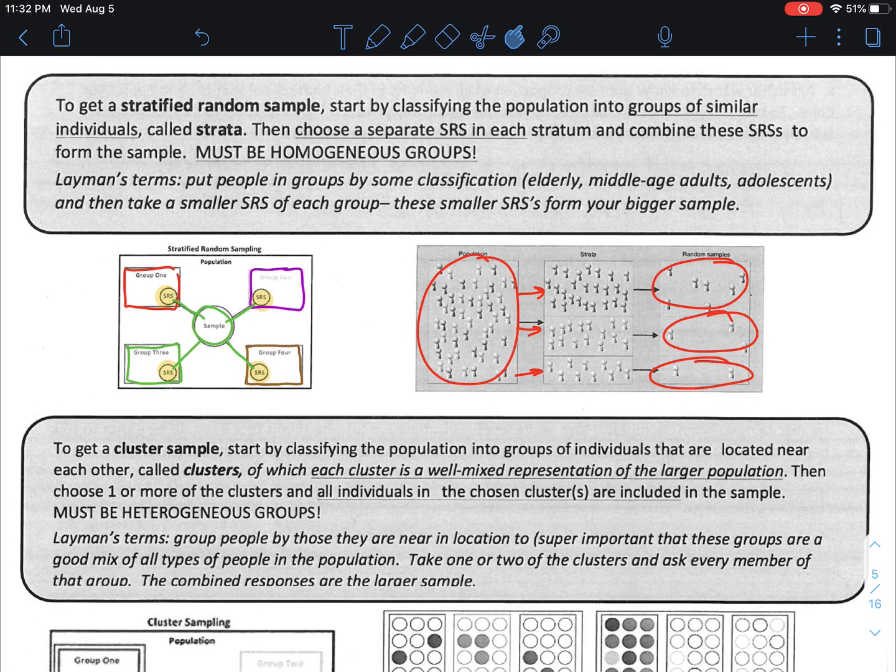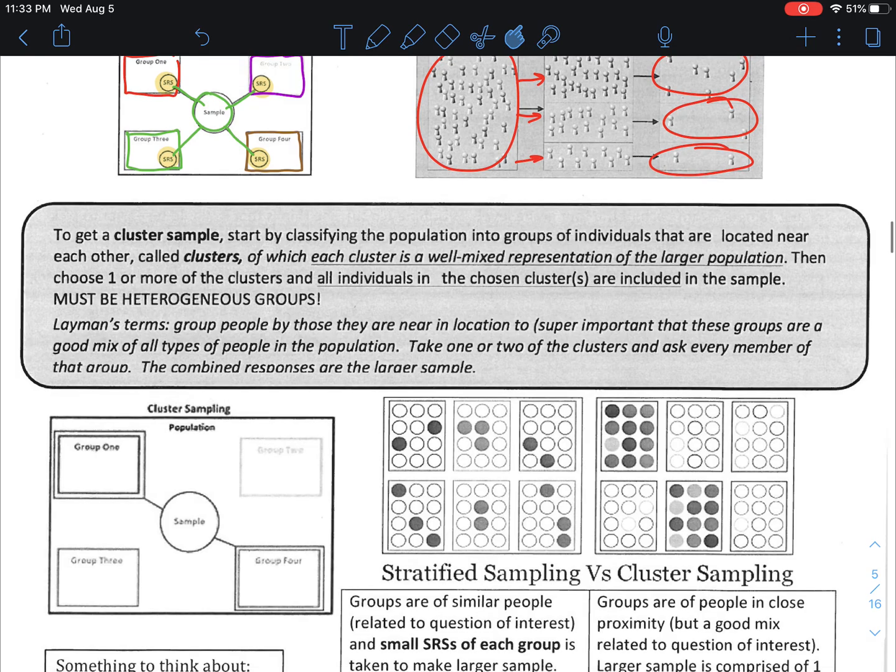So how do you know you're dealing with a stratified random sample? Very easy. The population was split into groups that are similar, or homogeneous groups, similar to each other separately. Then you take a small sample, SRS, from each separate group and combine it together. The wording will always be the same. Different context, but same wording.